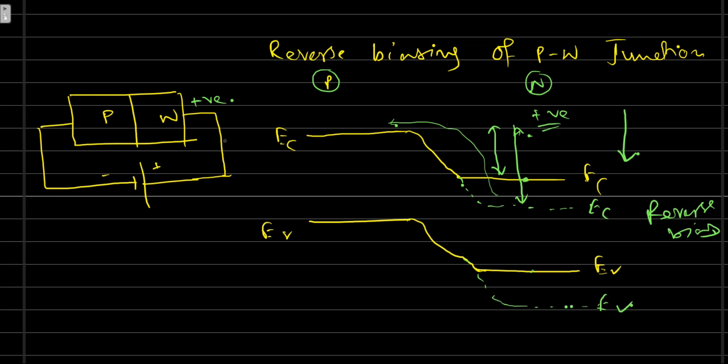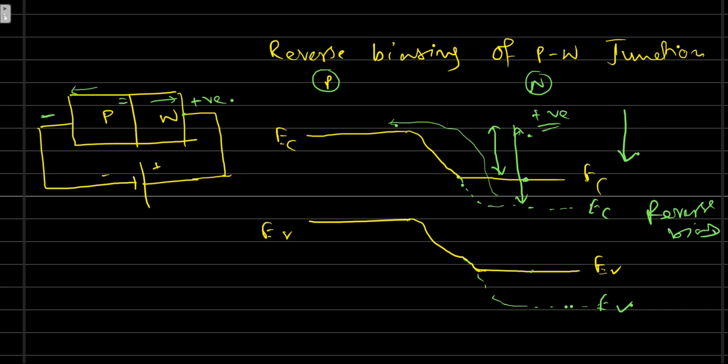Now what will happen to the shape of the depletion layer? Here you are applying negative voltage. So what will happen? All holes are attracted towards this terminal due to this negative potential, and similarly electrons are attracted towards this terminal due to this positive potential.